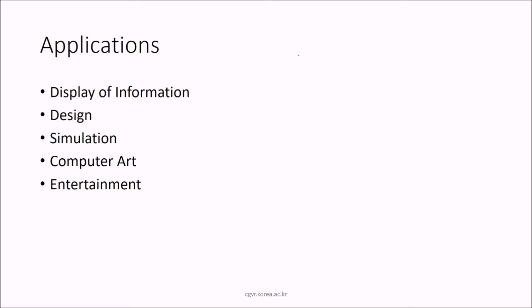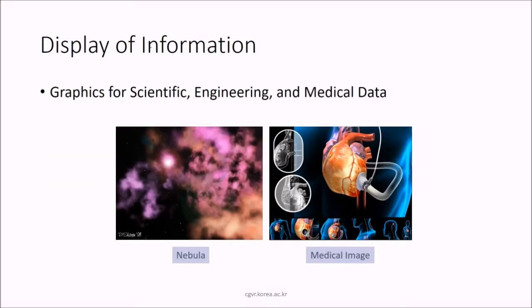Applications of computer graphics are enormous. First and foremost is display of information, then designing, simulation, computer art, and of course entertainment, as we just saw in the previous slides. Display of information means graphics for scientific, engineering, and medical data. This is a medical image. This is a nebula, right?